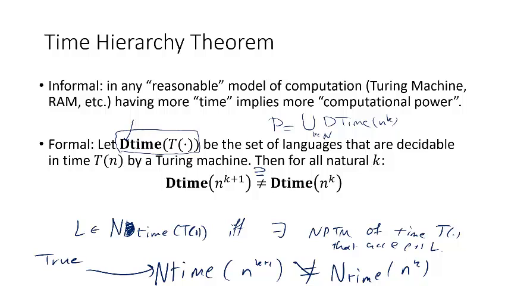Basically, the main point I want to make is that the time in a non-deterministic Turing machine somehow corresponds to the length of the witness when we define NP using the witness. I'm not being precise here, but you can make it into a precise theorem: when you are working with witnesses of length n to the 10, the languages in NP that you can define this way form a bigger set compared to the languages that you define with witnesses of length n to the 5.